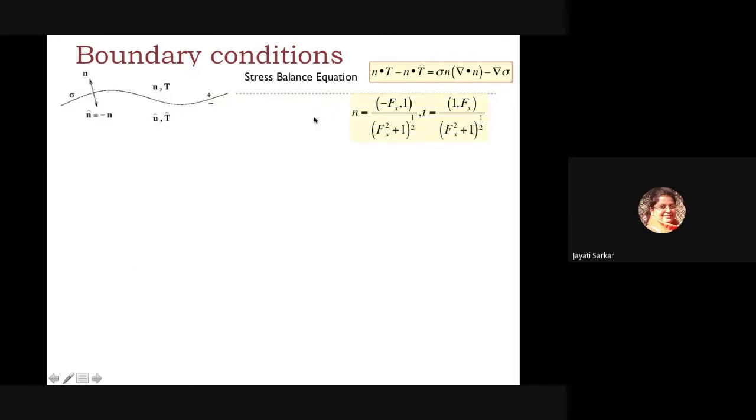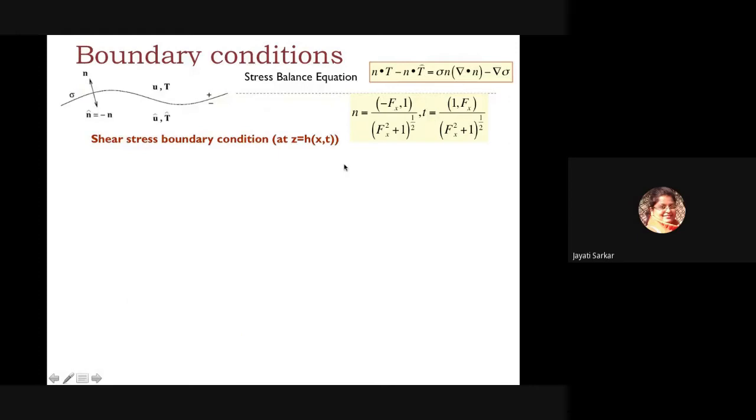And the normal is given by a condition like this, and the tangential unit vector can be given depending on the surface profile, right? They can be given by N and T vectors, something like this.